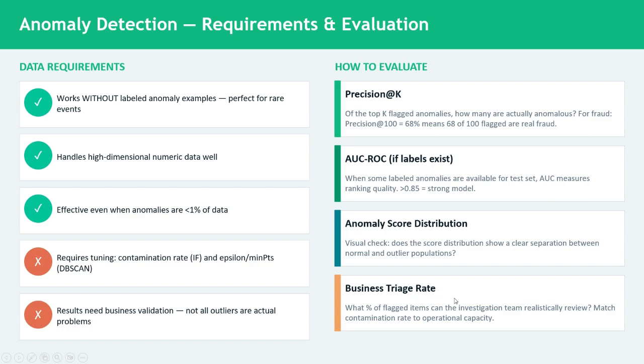Business triage rate, what percent of flagged items can the investigation team realistically review? So when you take these outputs, you also have to understand if you're going to audit them or if you're going to investigate them, what does your bandwidth in employee workload look like for investigation and audit? We can't audit every single person that pays taxes. Right? We don't have enough IRS agents to do that.